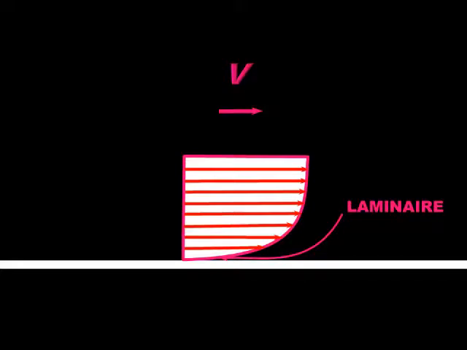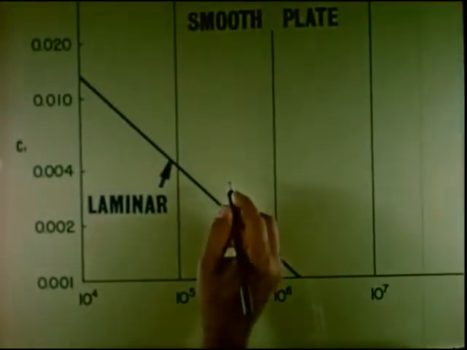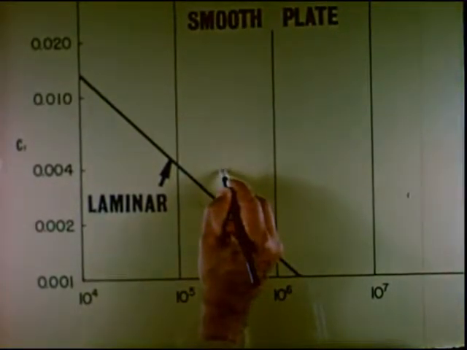Between the turbulent fluid and the plate, too close to be seen clearly in the picture, there is still a laminar sublayer in which shear stress can be calculated by Newton's law. Velocity gradients and shear are very large in the sublayer, so that the skin friction coefficient exceeds that for a laminar boundary layer at the same Reynolds number.